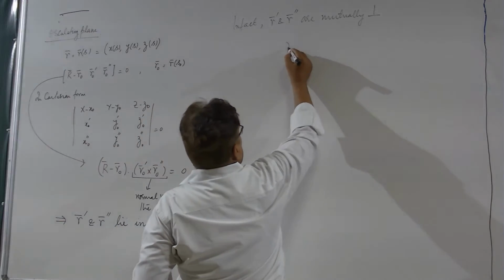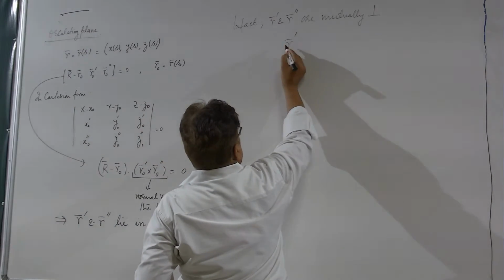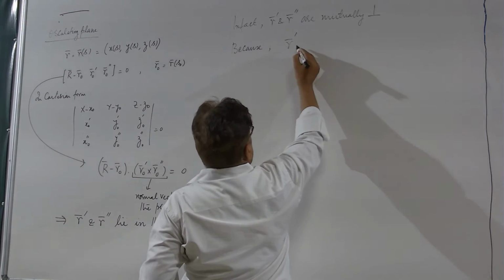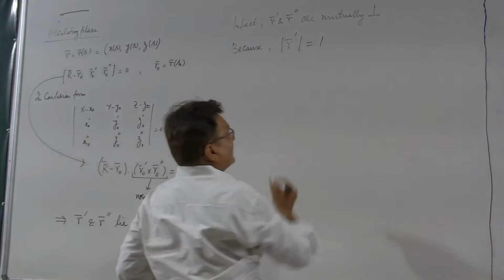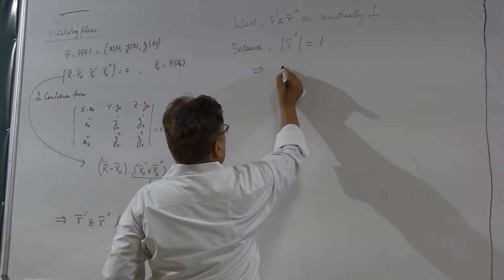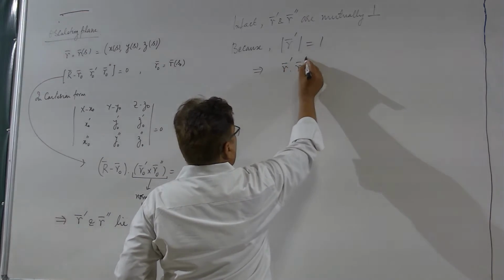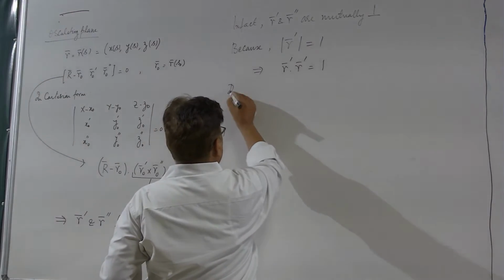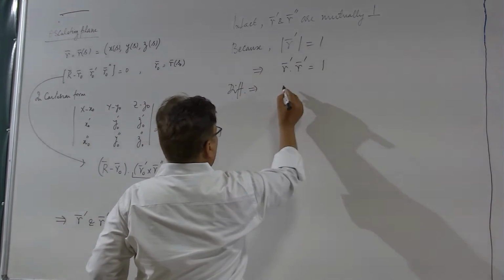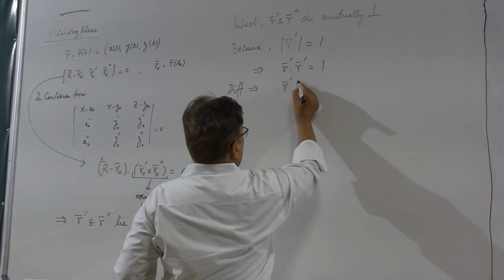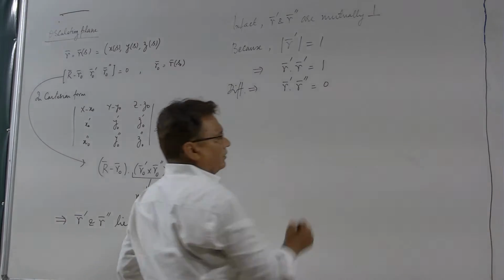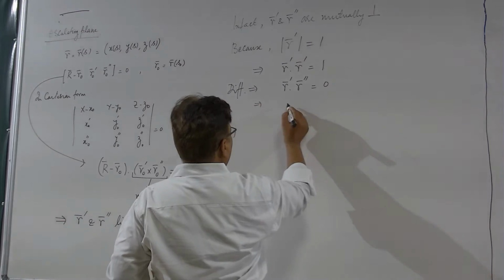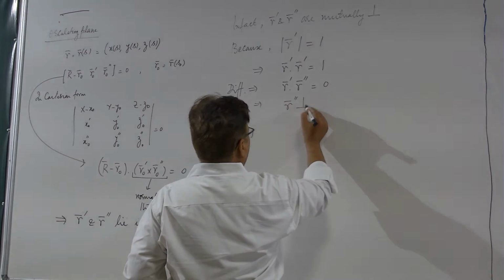The reason is that r dash is a unit vector. That means, if I consider the dot product of r dash with itself, it will be 1. And if I differentiate this relation, I will get r dash dot r double dash equal to 0. Is it right? And this would mean that r double dash is perpendicular to r dash.